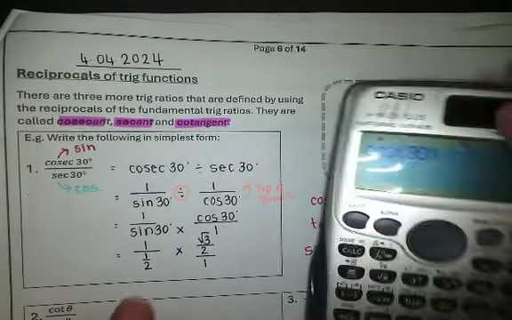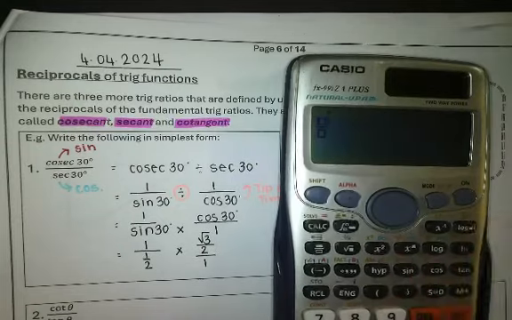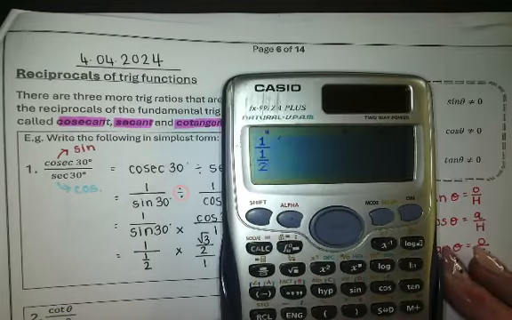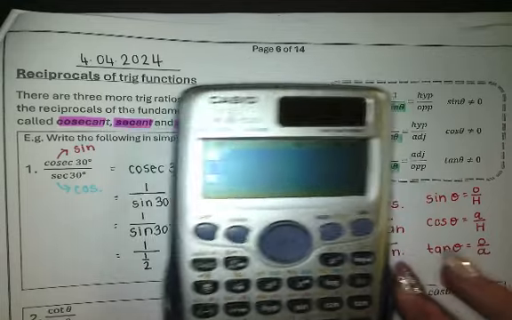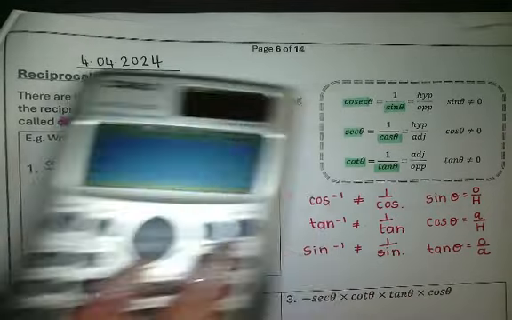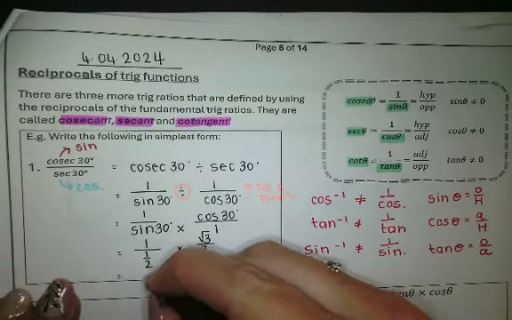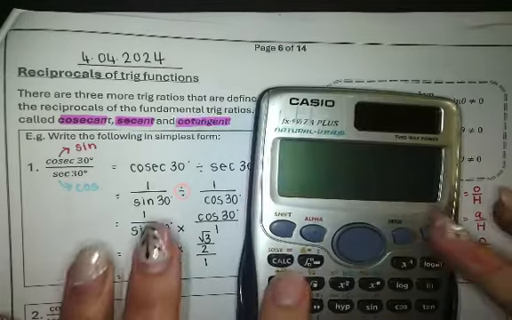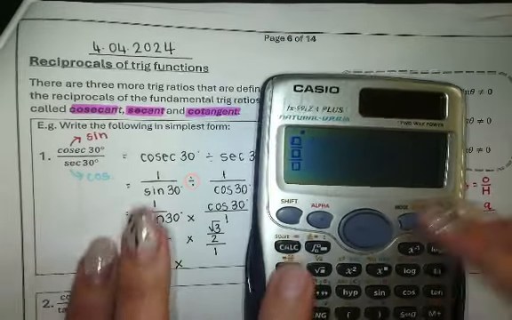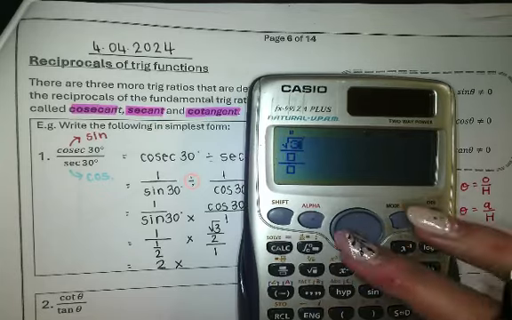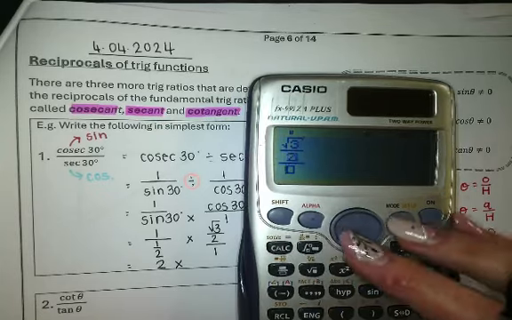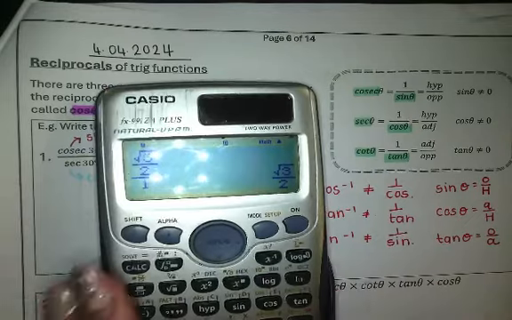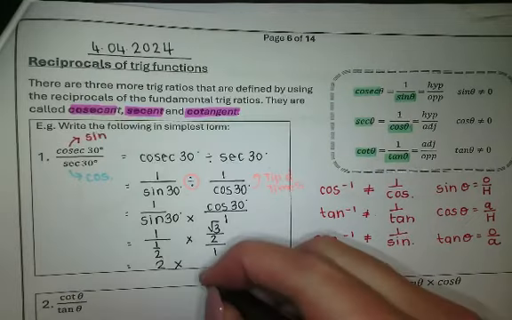Okay? So what is 1 divided by a half? Do you see how I put it into my calculator? 1 divided by a half is 2, times root 3 over 2 divided by 1, and it stays root 3 over 2.